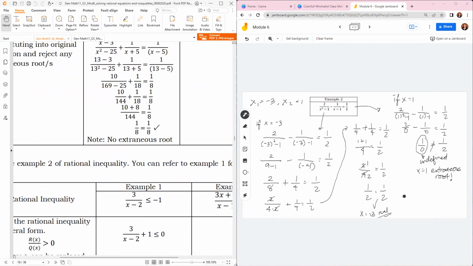So if mo ni siya ang number lines ato ang solutions, if this is our number line of our solutions and this is our 0, 1, 2, 3, -1, -2, let's say -3 here, our solutions. So it means nga, si 1, kay dili siya solution.